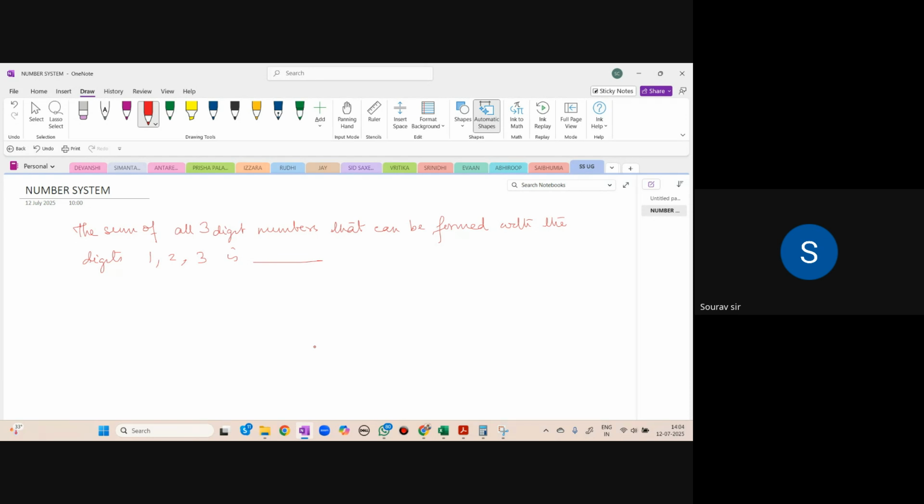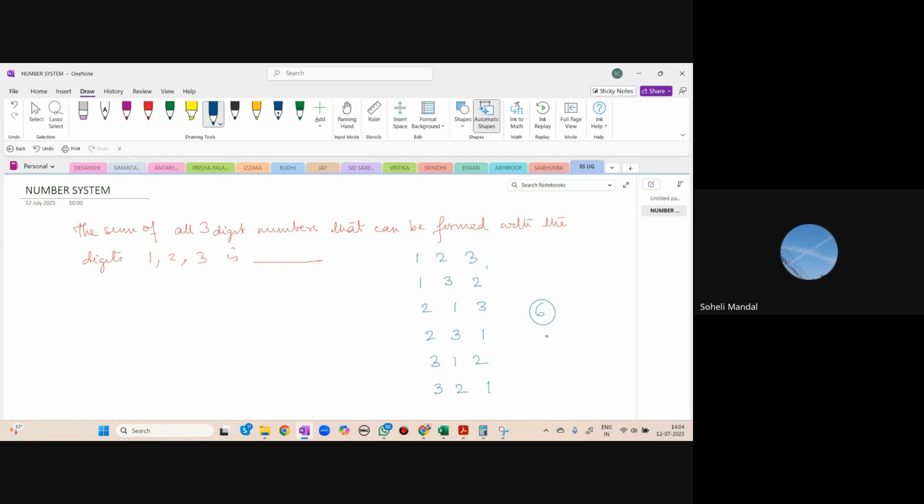How many 3-digit numbers can you form with 1, 2, and 3? 1, 2, 3; 1, 3, 2; 2, 1, 3; 2, 3, 1; 3, 1, 2; and 3, 2, 1. There are 6 numbers which can be formed, right?